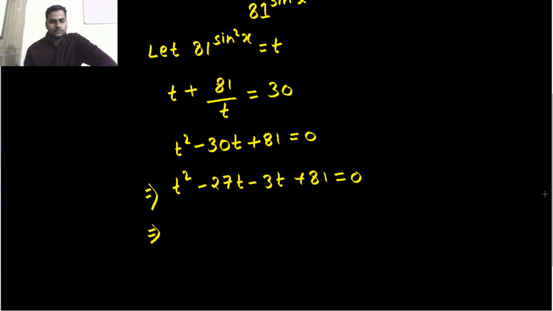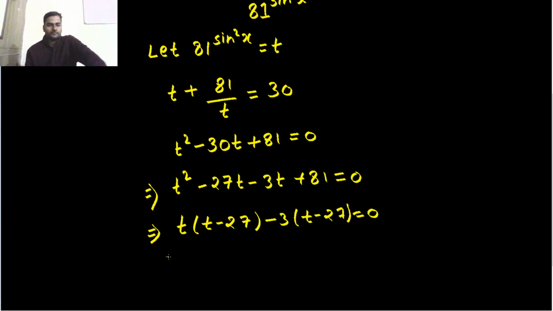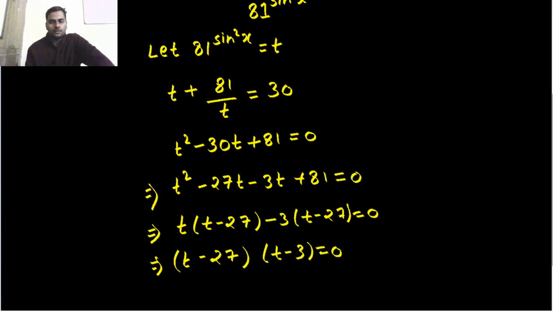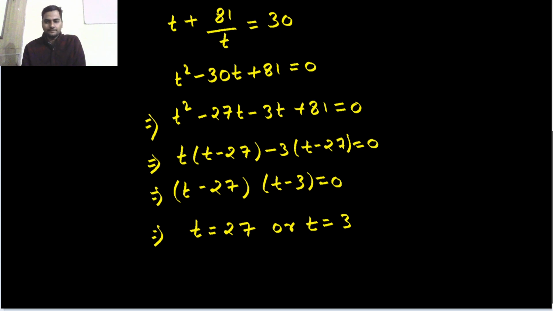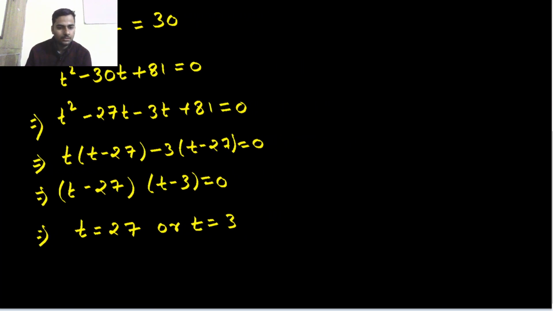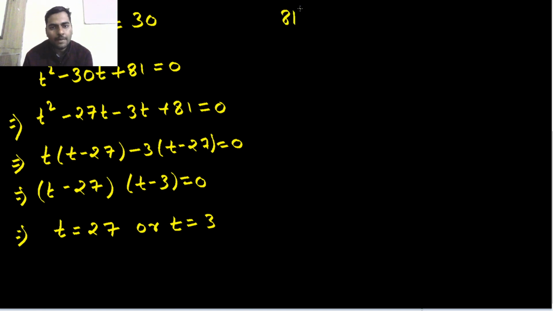So t(t minus 27) minus 3(t minus 27). From here you are getting t equal to 27 or t equal to 3. What was your t? So 81 power sin²x is 27.